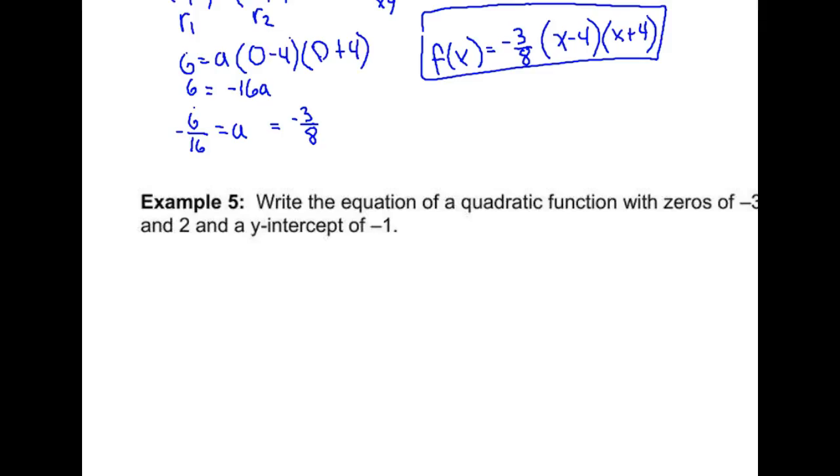Okay, and now moving on to the last example, example number 5. Example number 5 says, write the equation of a quadratic function with zeros of -3 and 2 and a y-intercept of -1. So the information that we can gather from that is that R1 is equal to -3, R2 is equal to a positive 2, and our y-intercept is -1.